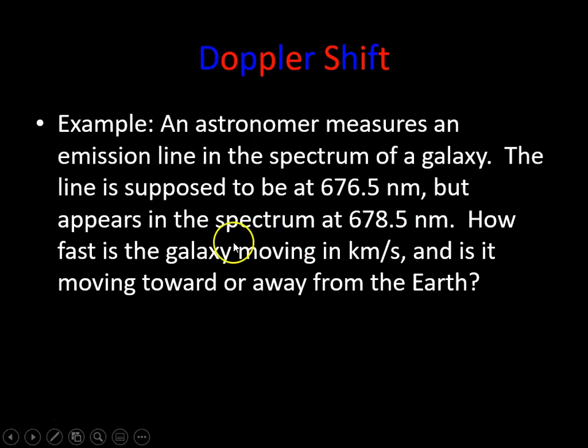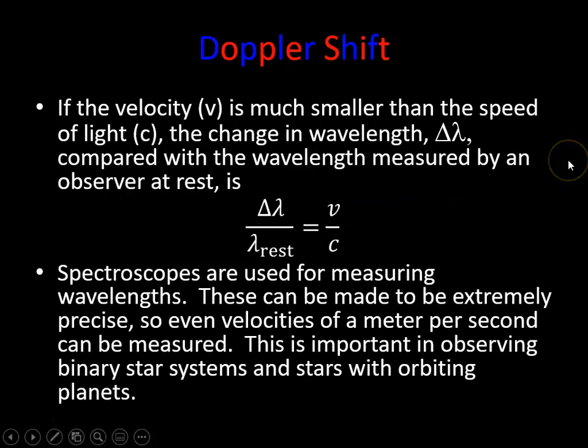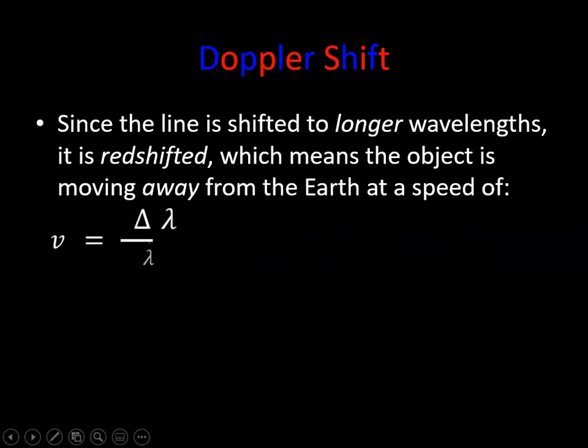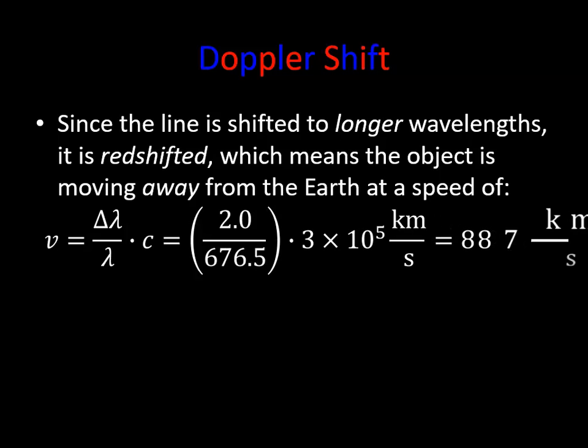So, what is the shift? Well, the observed wavelength is 678.5 nanometers. The original wavelength was 676.5 nanometers, so the amount of the shift was 2 nanometers. So going back to the formula, the speed compared to the speed of light is equal to the amount of the shift divided by the original wavelength. So it'll be 2 nanometers divided by 676.5 nanometers. We plug that into our equation and multiply both sides by the speed of light to get v by itself.